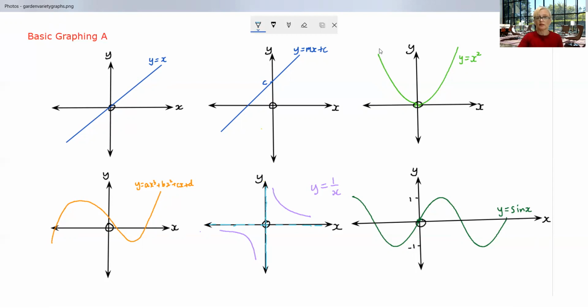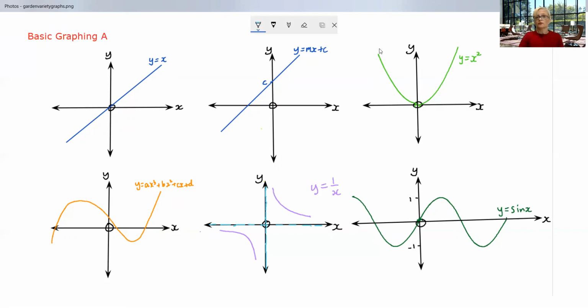I'm not fat shaming the parabola. If I were to multiply that by -1, I'm turning it upside down. Same thing with a sine curve. If I multiply that by a number, I'm going to make it get steeper, and therefore the amplitude will change. Okay, same thing here. If I multiply this, it will be steeper.